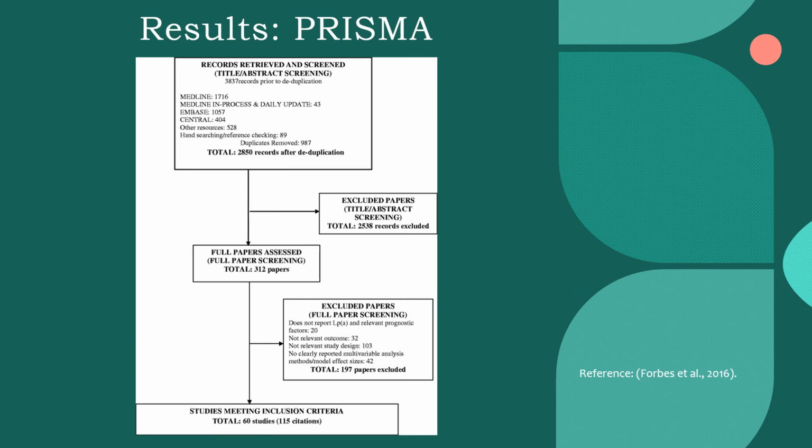And there were 42 papers which clearly reported no multivariable analysis. A total of 60 studies, which included 115 papers, met the criteria for inclusion in this review. So a total of 60 studies was used in the systematic review.